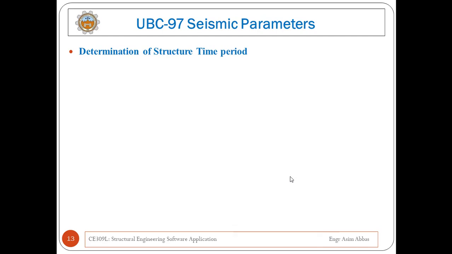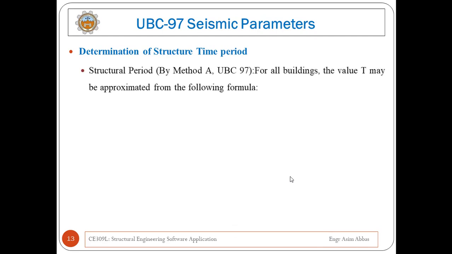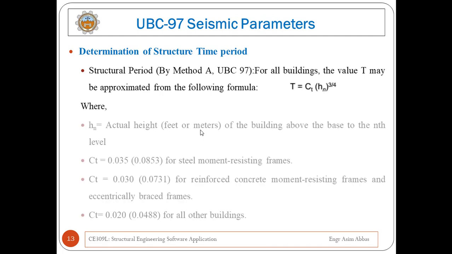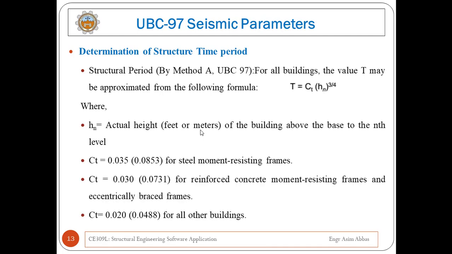Okay, now determination of structure time period. Structure time period is actually the time required for one complete cycle. The structure time period can be approximated by using the following formula, right? Where Hn is equal to the actual height, in feet or meters, of the building above the base to the nth level, and Ct is a constant, with a value of 0.035 when you are using height in feet, and when you are using height in meters, the value is 0.0853, right?